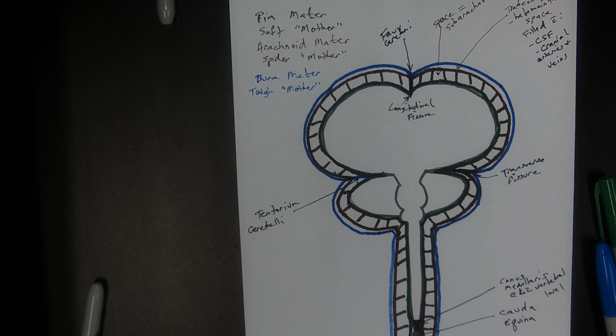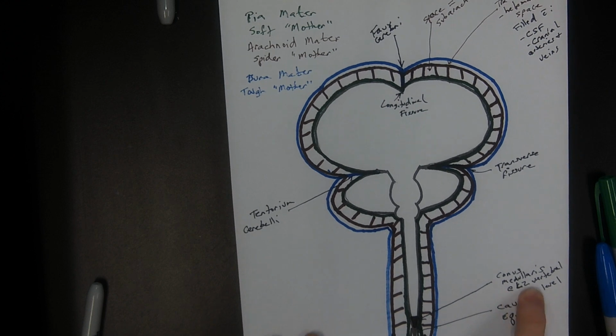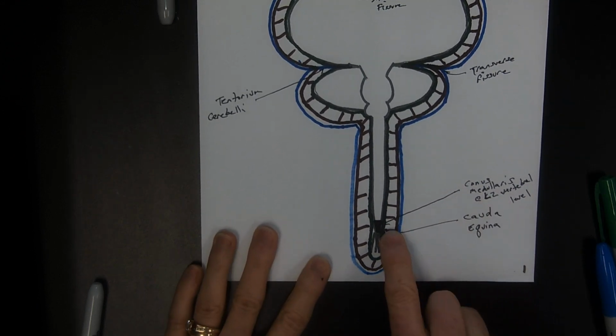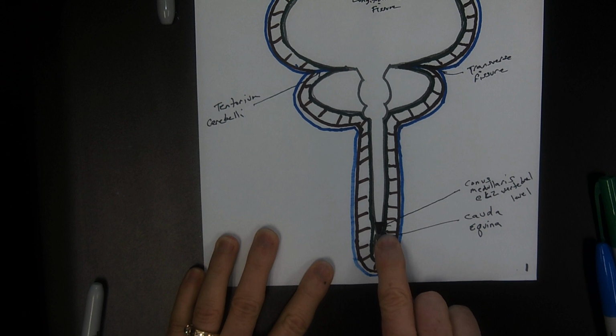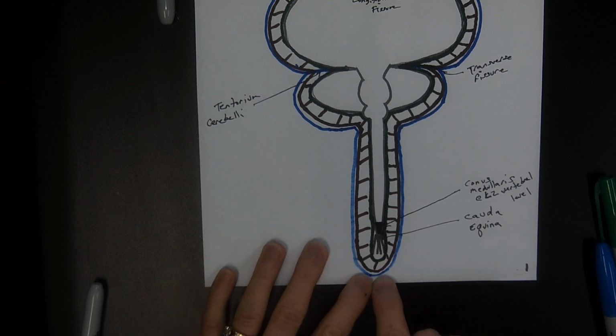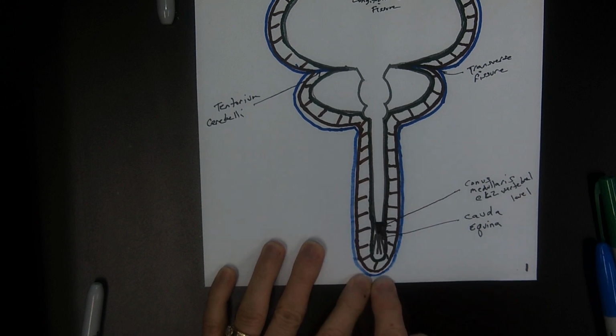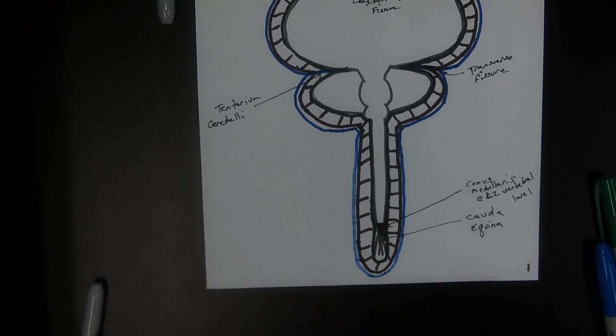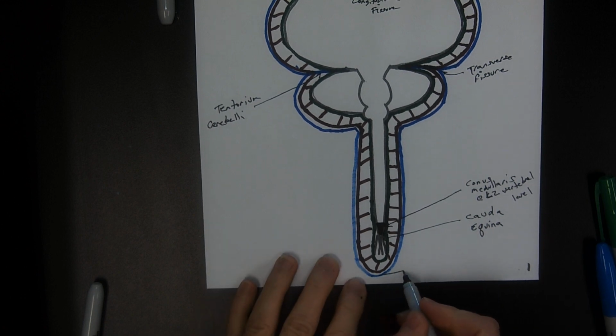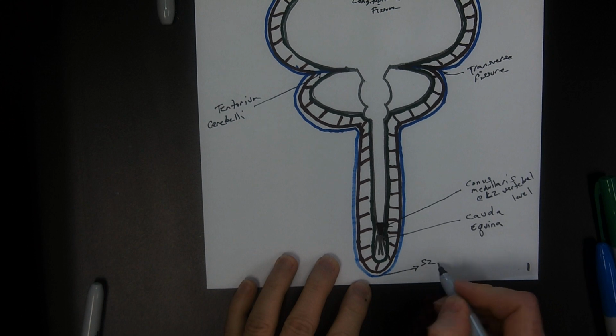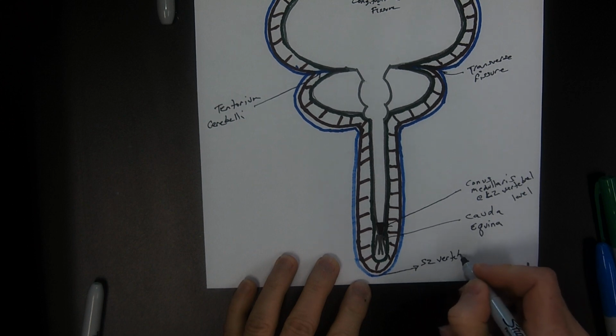Can we see where we are? Make sure we got everything. Okay. Now, one thing that I mentioned here is that L2 is the vertebral level where the physical spinal cord ends. Now, this dura mater and all the other maters go all the way down. Does anyone know what vertebral level it goes to? It goes to this very bottom, where all the dura goes to, is at S2 vertebral level.